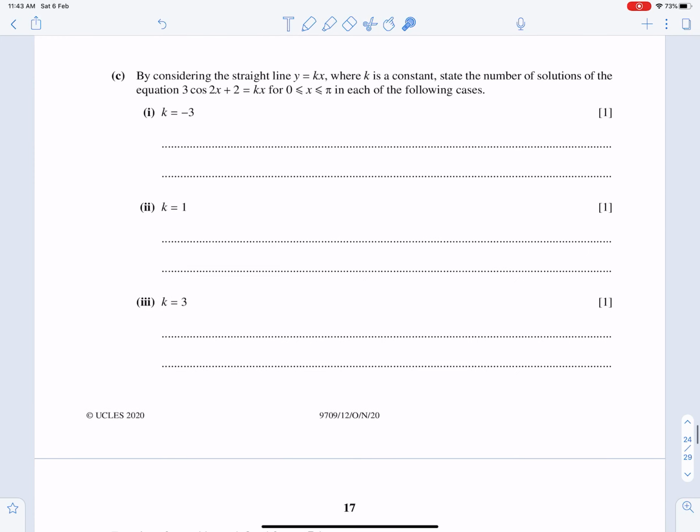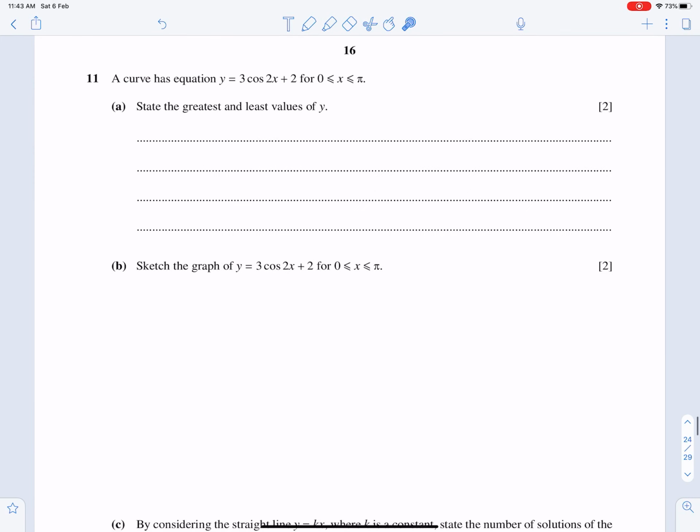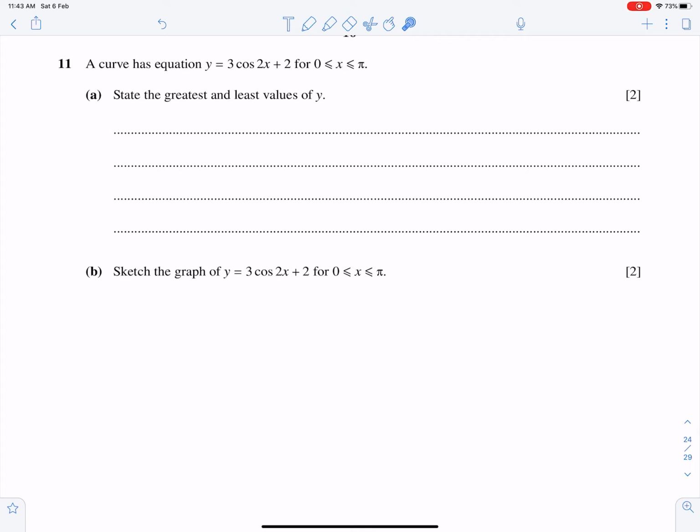This question is from November 20, paper 1-2, question 11. The first part of this question is very simple. State the greatest and least values of y. So that is very simple. You just need to get c plus a and c minus a.